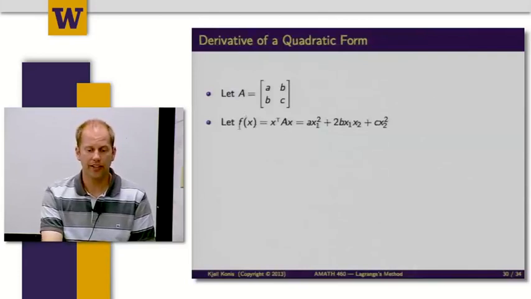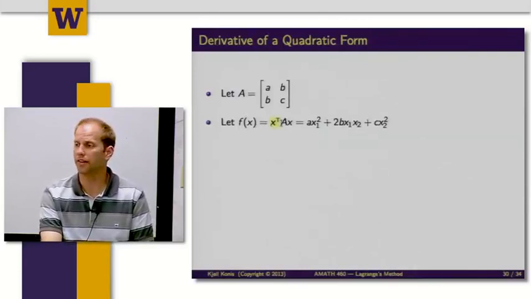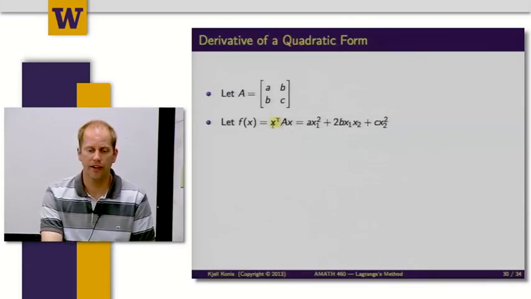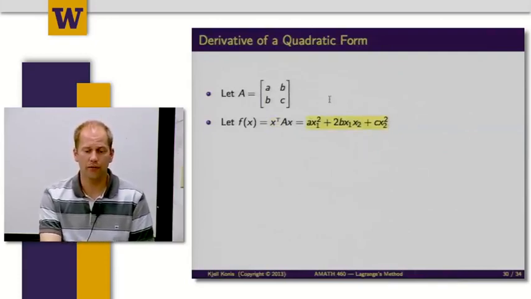And then I'll define f of x to be equal to, so x is going to be a vector of 2 elements, x transpose Ax. And when I do that arithmetic, what I end up with is a x1 squared plus 2b x1 x2 plus c x2 squared.